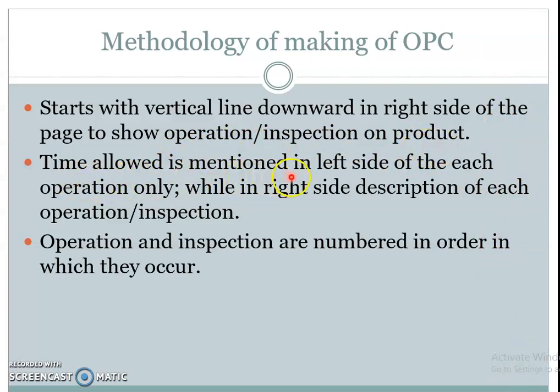The time allowed is mentioned on the left-hand side of each symbol, while on the right side the description of each activity is mentioned. Operations and inspections are numbered in the order in which they occur. So we give a number to each of the circles which represent an operation, and similarly for each rectangle we give numbers for the respective inspection.